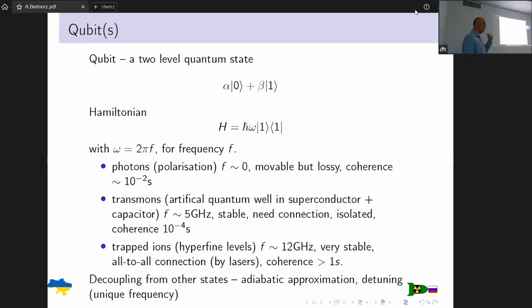And then you can use the adiabatic approximation, which says, okay, only objects that have this particular frequency are sensitive to this qubit. It's just like a remote drone or a radio, which just works with a given frequency. And the same idea is with a qubit. This qubit is an isolated unit of a certain frequency.